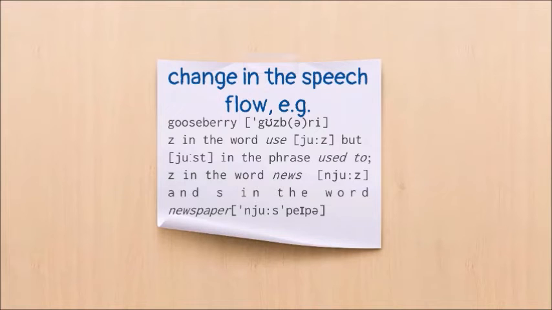Another issue you should think about is the fact that we do not pronounce sounds separately. They might depend on the position in the word and change in the speech flow.